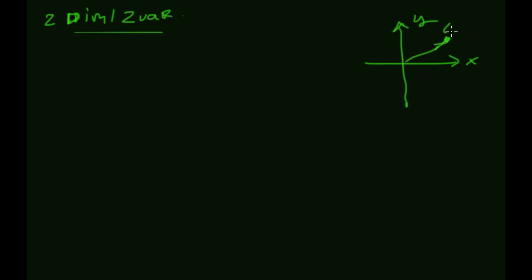So this is going to be the position x at time t, y at time t. If I have a vector r of t that is x of t, y of t, this is a vector that gives the position of a particle at time t. So we can call that a position vector.